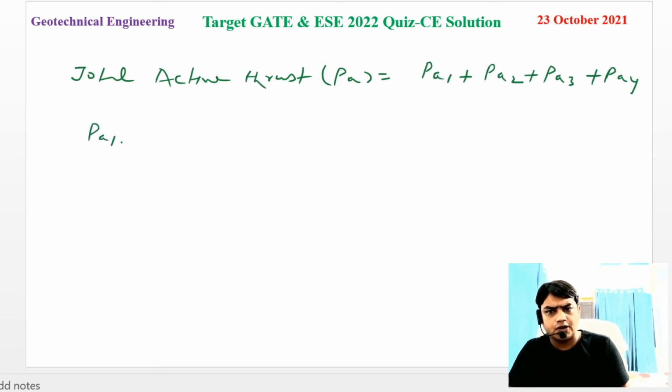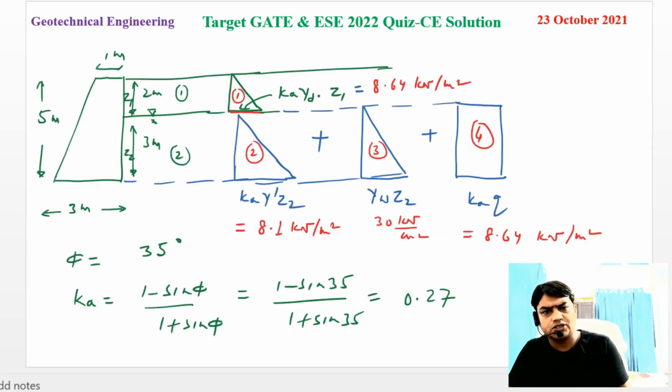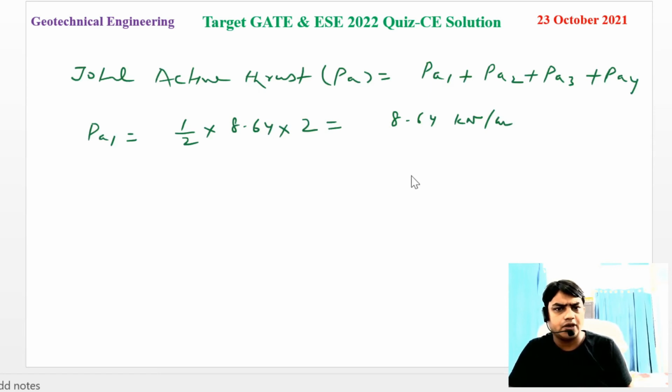PA1 can be computed as 1 by 2 into 8.64 into 2. So it will be 8.64 kilonewton per meter length of the wall, because the total thrust for the first active earth pressure diagram is the area of this pressure diagram.